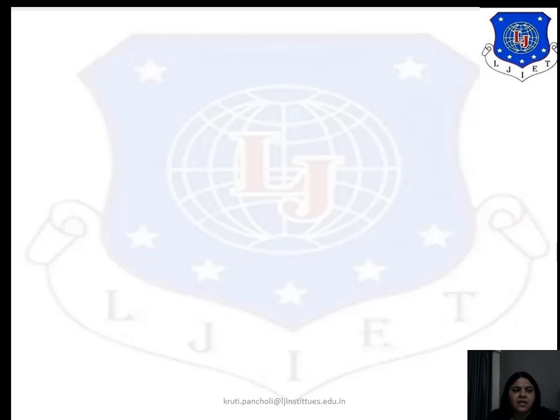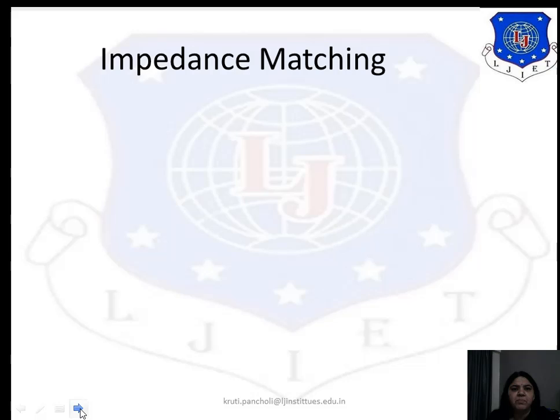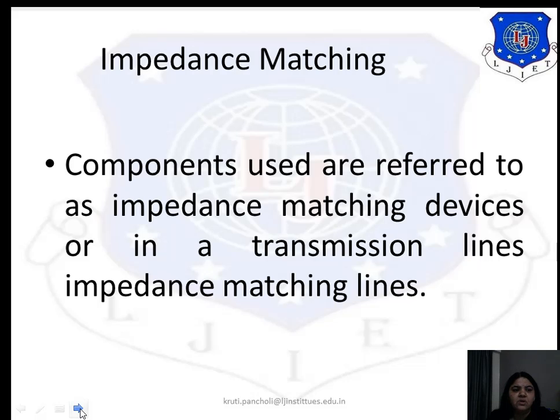There are several methods to achieve impedance matching. The components used are referred to as an impedance matching device, or in a transmission line, impedance matching lines can be used.